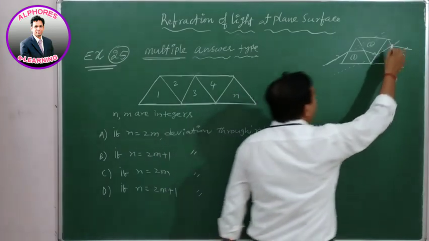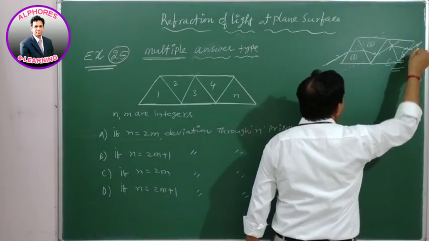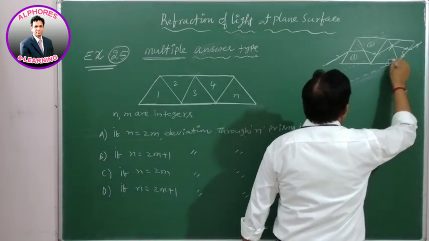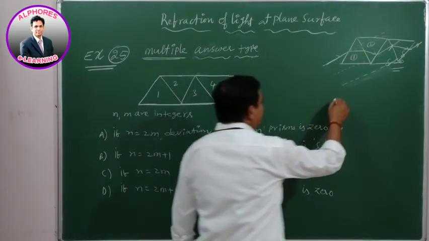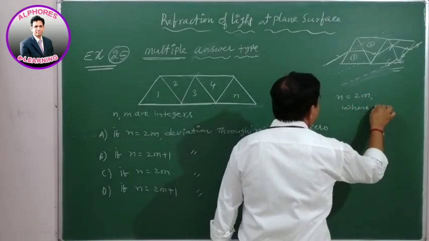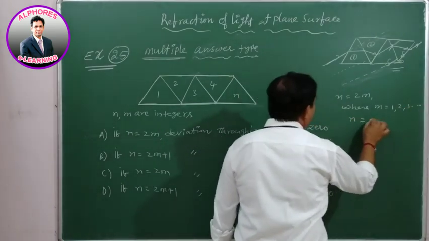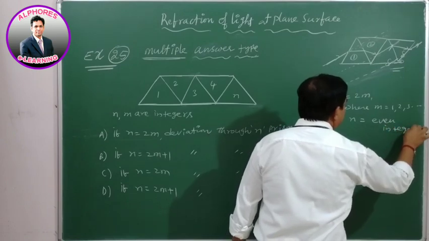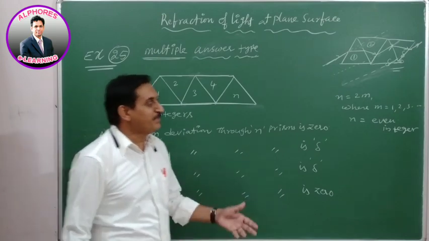So three prisms are used, but the net deviation is delta only, which is equal to the deviation given by a single prism. One more prism is connected in reverse. Again the deviation becomes 0. Again extend the light, and now these two become parallel again. Like that, whenever n is equal to 2m, where m is 1, 2, 3 and so on, n will be an even integer. n is the number of prisms.